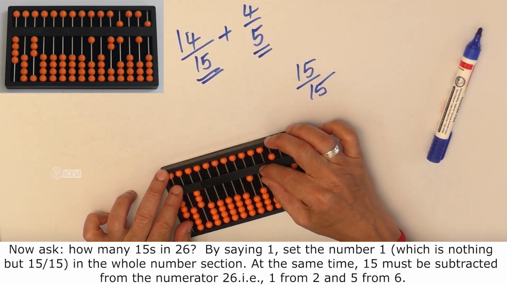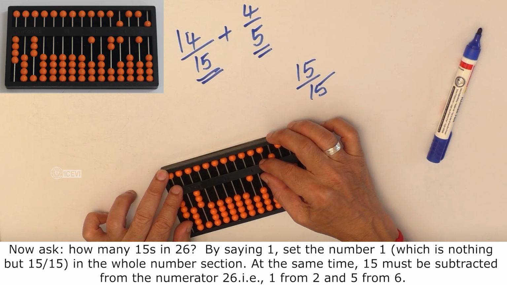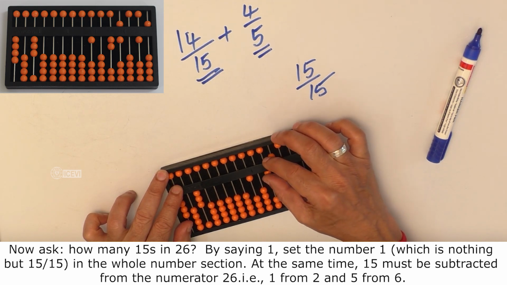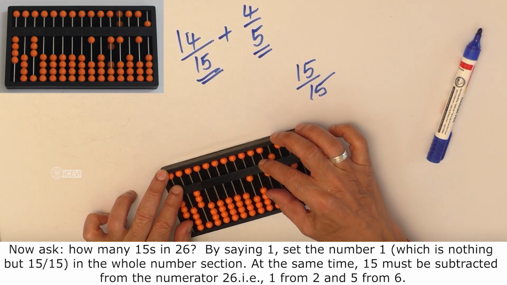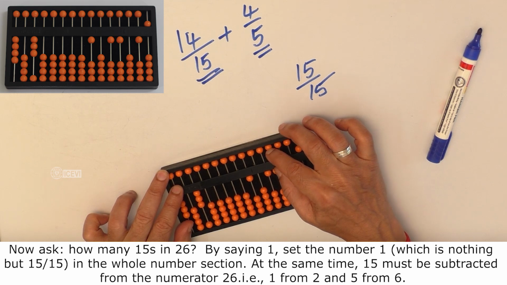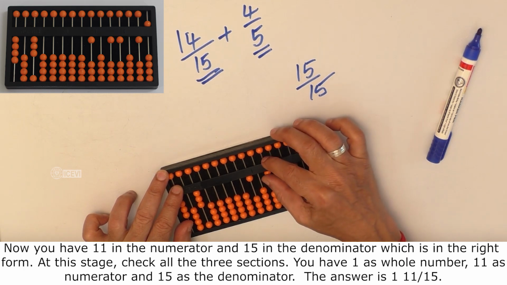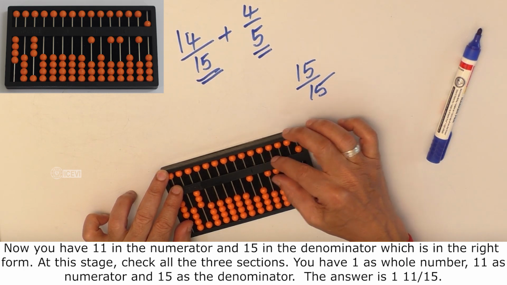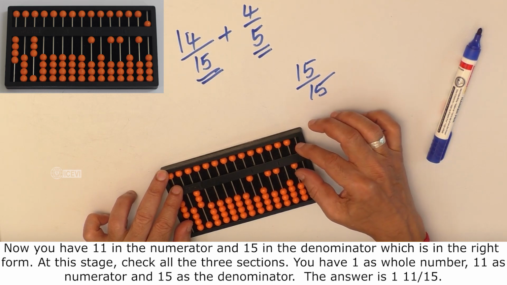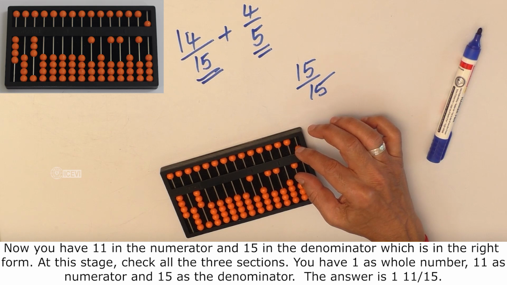At the same time, 15 must be subtracted from the numerator. That is 1 from 2 and 5 from 6. Now you have 11 in the numerator and 15 in the denominator, which is in the right form.